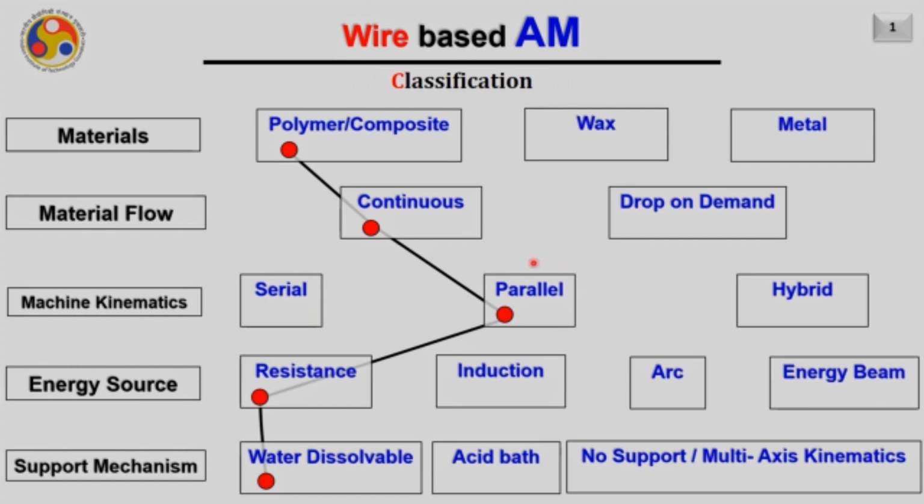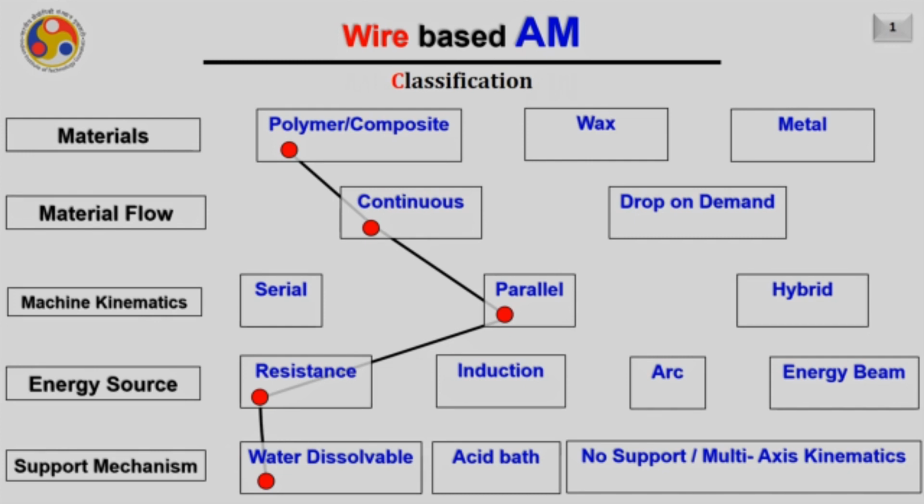Instead of the serial kinematics, let us have a look at some systems that use parallel kinematics. Again, the energy source will remain the same, that is the resistance heating, where the wire coming from the top into the liquefier gets melted due to the resistance heating, and the molten material is extruded from a tiny nozzle onto the substrate. The method for support mechanism generation is again the same.